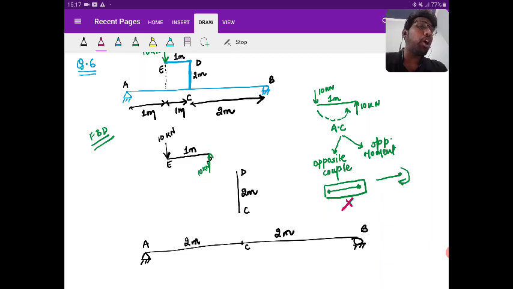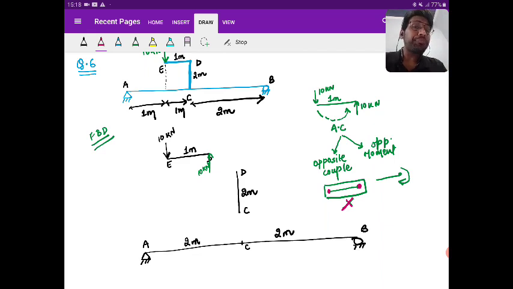Why? Because I told you that for the resistance to occur, you need 2 points in the member where you can see the resistance. Got the point? Whereas at D, you can resist the moment. Since it is a rigid joint, you can resist the moment.